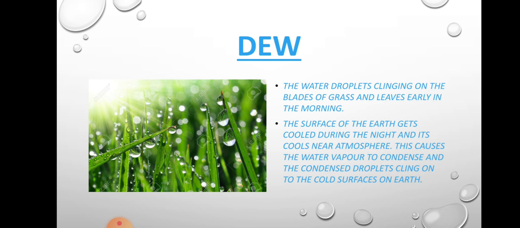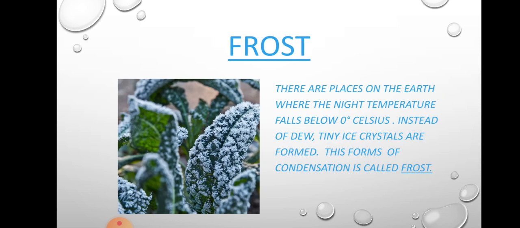When it comes into contact with the surface of the earth, the condensation process begins. That is, a change in temperature happens. The gases change into water droplets and they cling on the cold surface of the earth. These tiny droplets can be seen as the dew drops on the tip of the leaves or the blades of the grass. Okay, and the next one is frost.